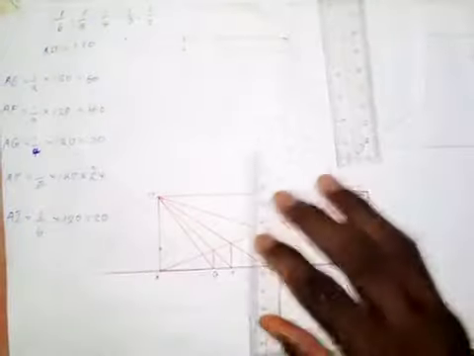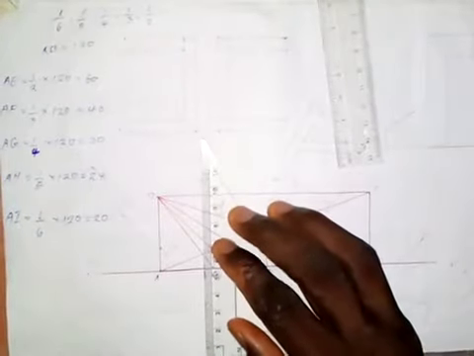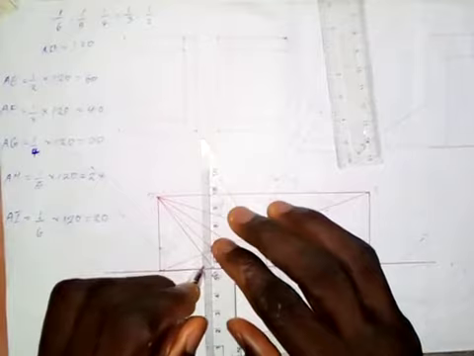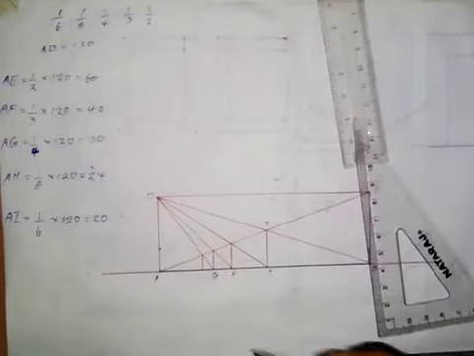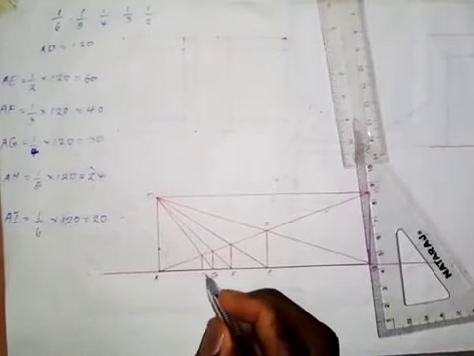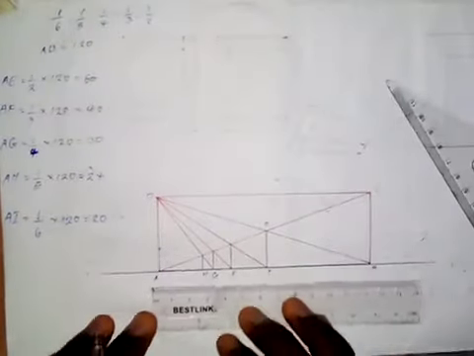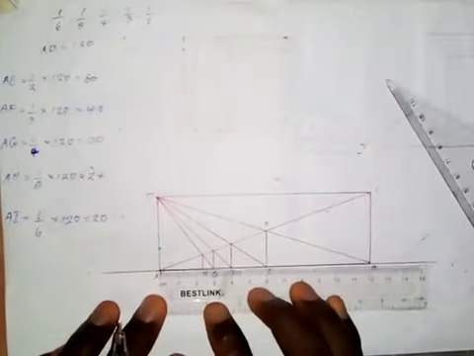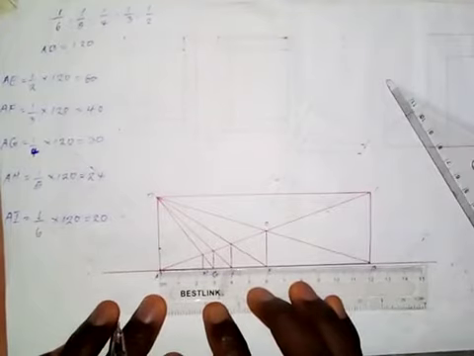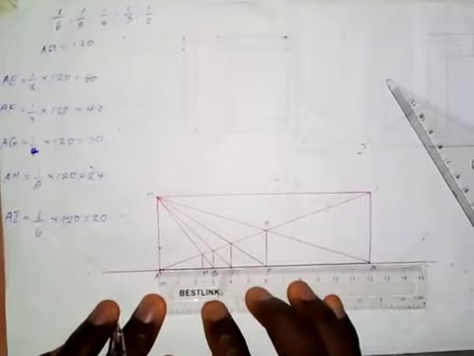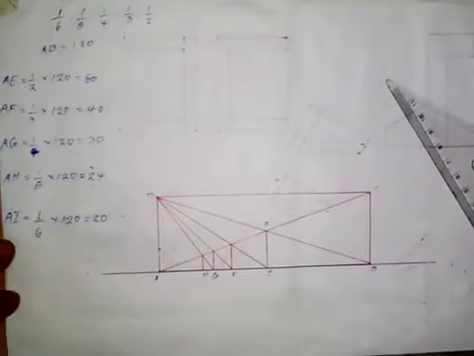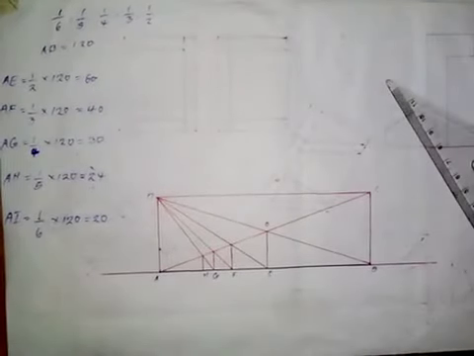I draw a vertical line from here down. This is H. If you take the measurement, AH should be 24 millimeters, and this is it, 24 millimeters.